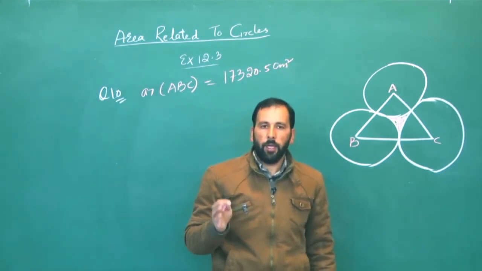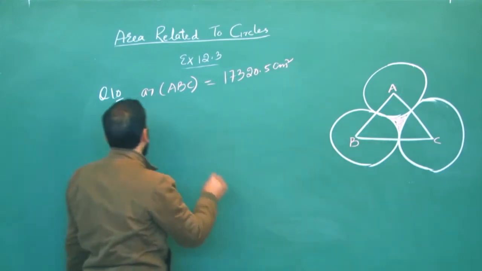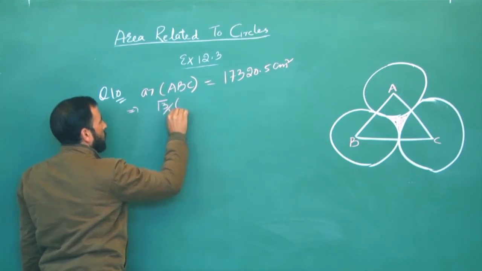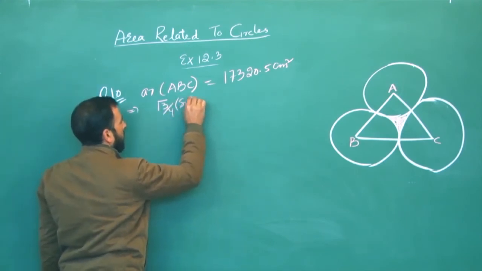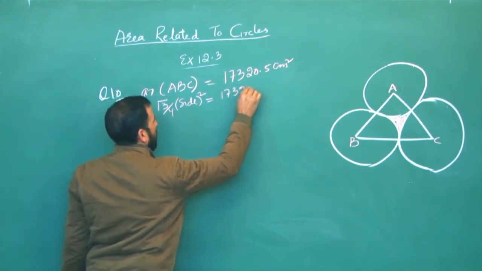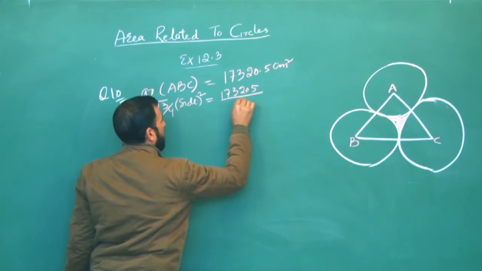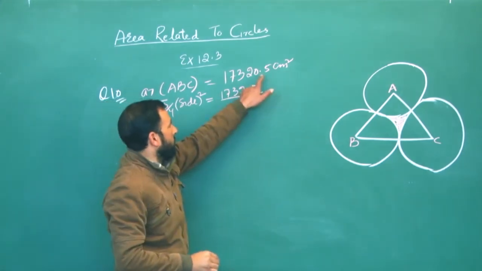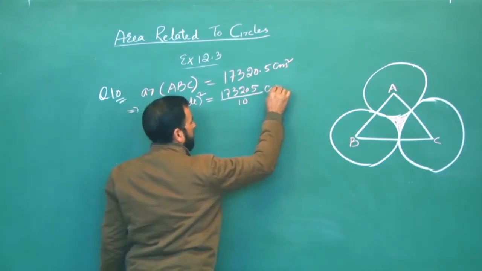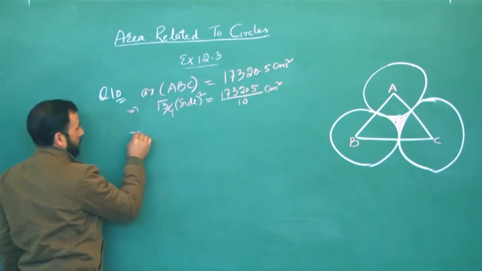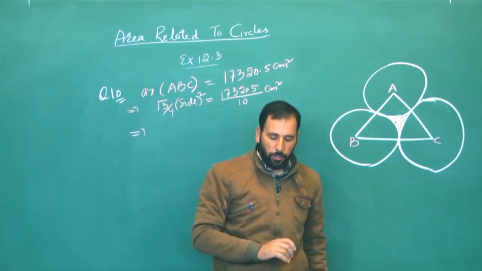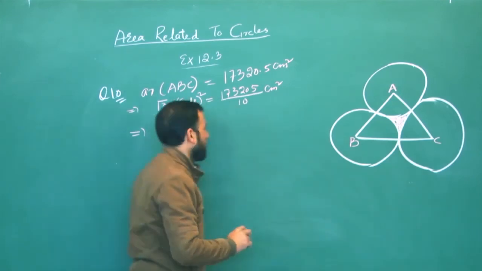We know that the area of an equilateral triangle is equal to square root of 3 by 4 into side square, which is equal to 17320.5. In the question it is given to use square root 3 equal to 1.73205.